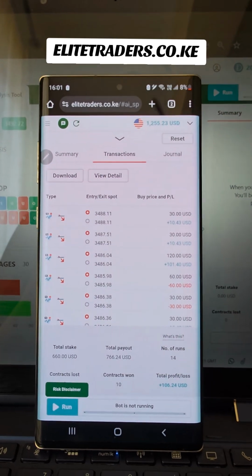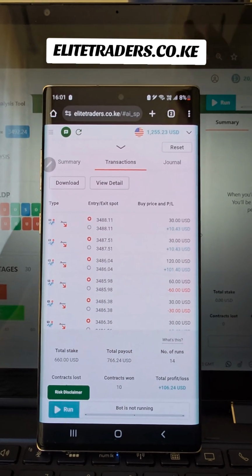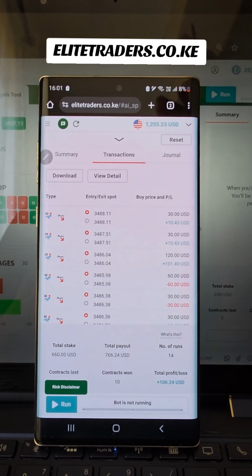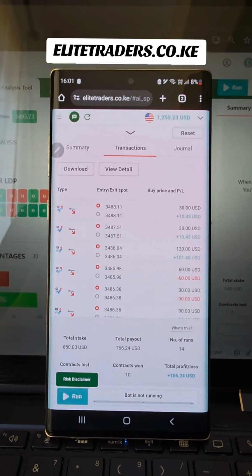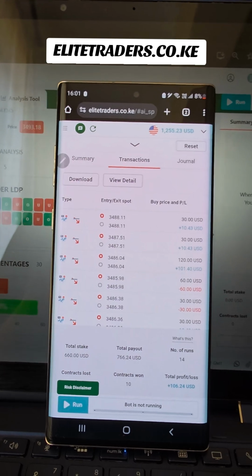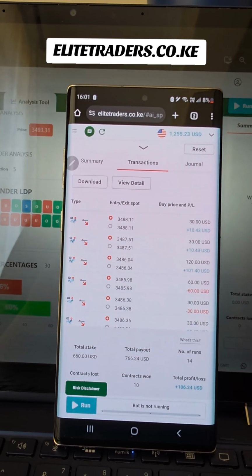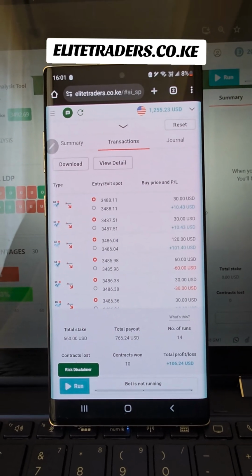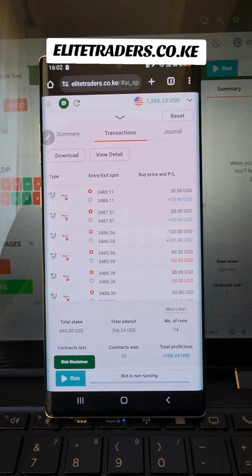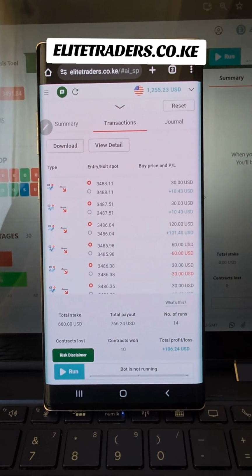Even if you decide not to choose the best volatility for this robot, it will still deliver. The only thing is you'll have to stay in the market for long, because you may choose a volatility where the under 5 market is probably 30%. So you have to wait until that market gets to 50%. That's the only time this robot will execute. And that's how we got this kind of results.